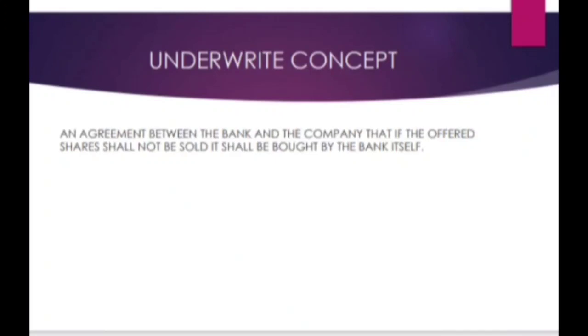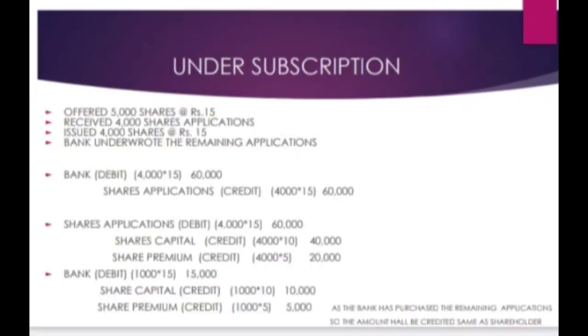Before moving towards under subscription, you should know the underwriting concept. Underwriting means an agreement signed between the bank and the company that if the offered shares are not issued completely, the bank shall purchase the remaining shares. Now let us move to the last one, under subscription, where shares are offered more than the received applications.